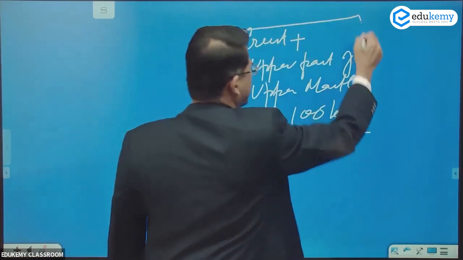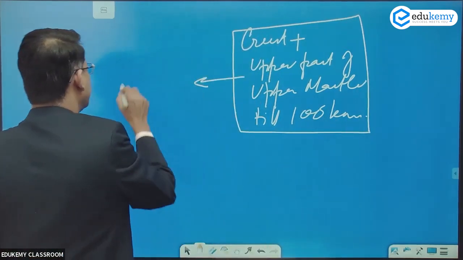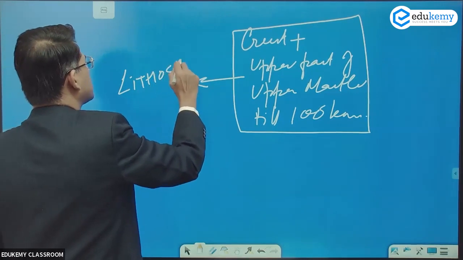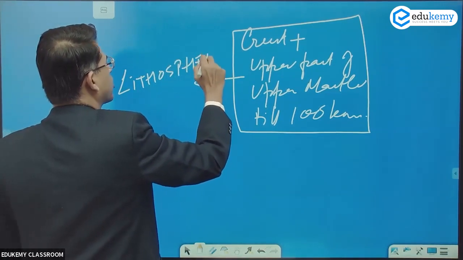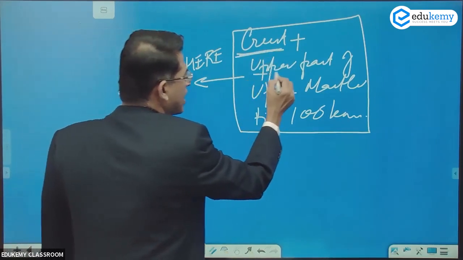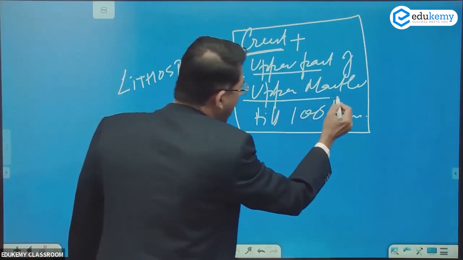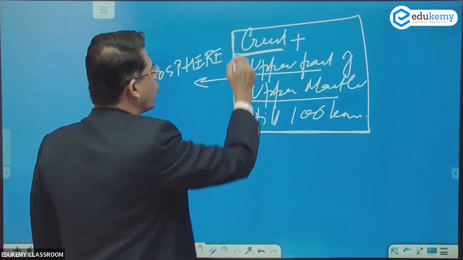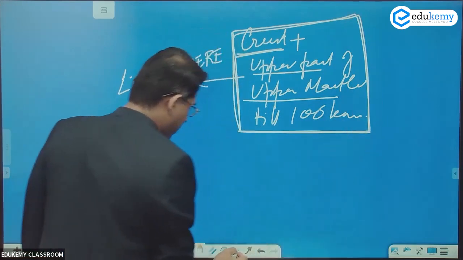This acts as 1 unit. This is called the lithosphere. It is crust plus the upper part of the upper mantle up to 100 kilometers.